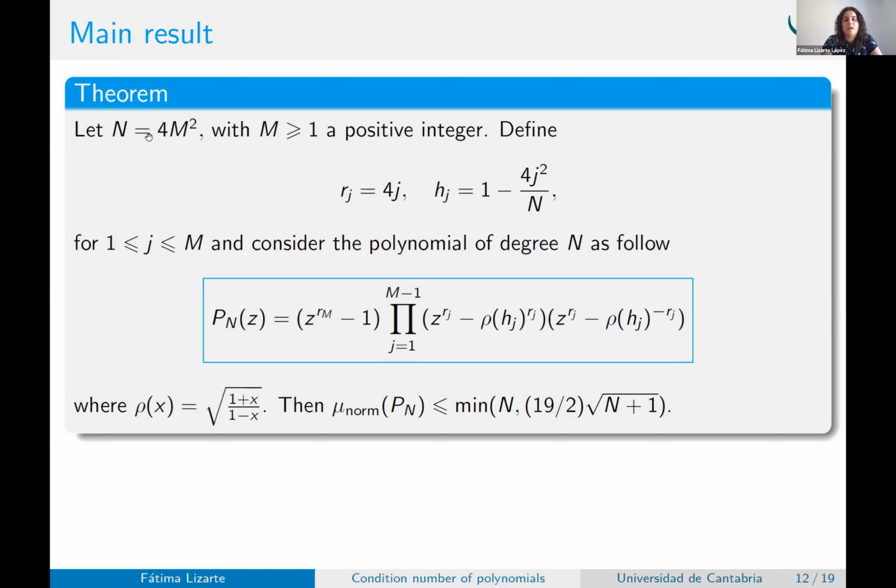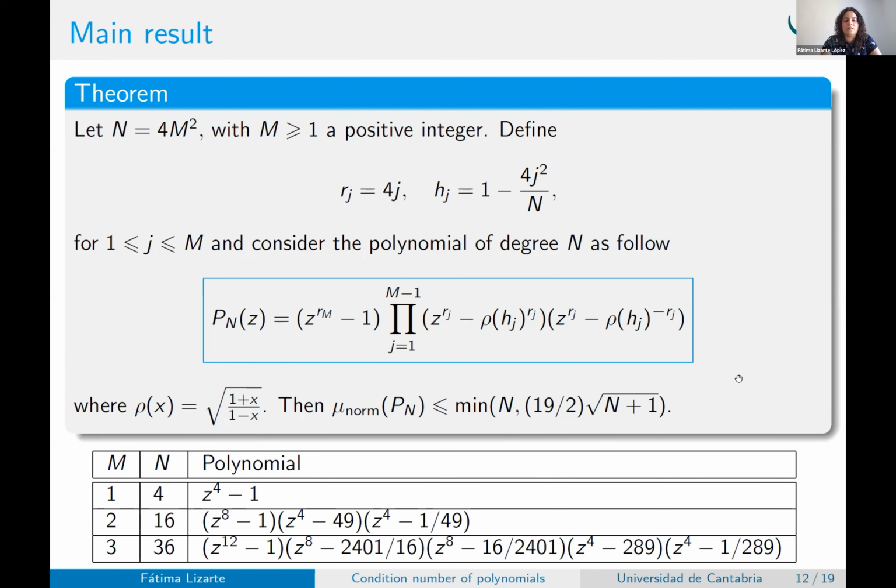In this case, our polynomial f is given by this expression, where the terms r_j, h_j are defined like that. The function rho can be seen here. Its condition number is upper bounded by this explicit expression.